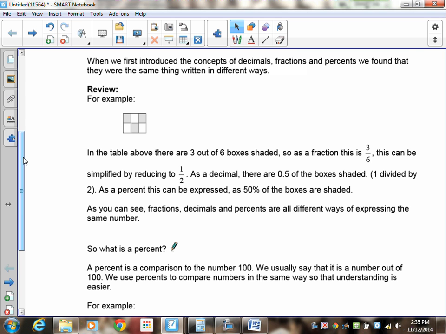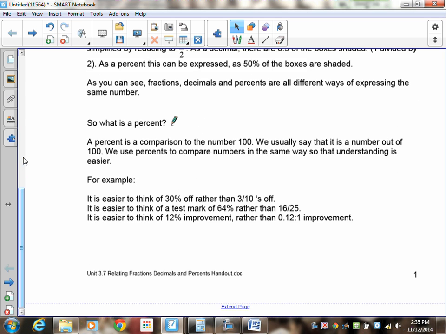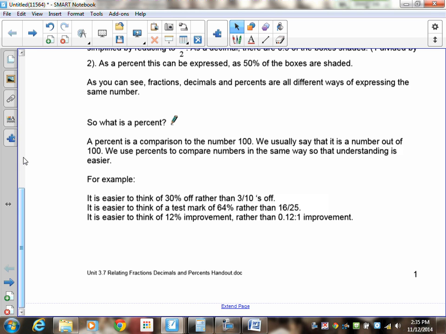Okay, so that brings us to the next concept of what is a percent. Okay, so a percent is a comparison to the number of 100. We usually say that it's the number out of 100, and we use percents to compare numbers in the same way so that the understanding is just easier. People understand 30% off easier than 3/10 off.